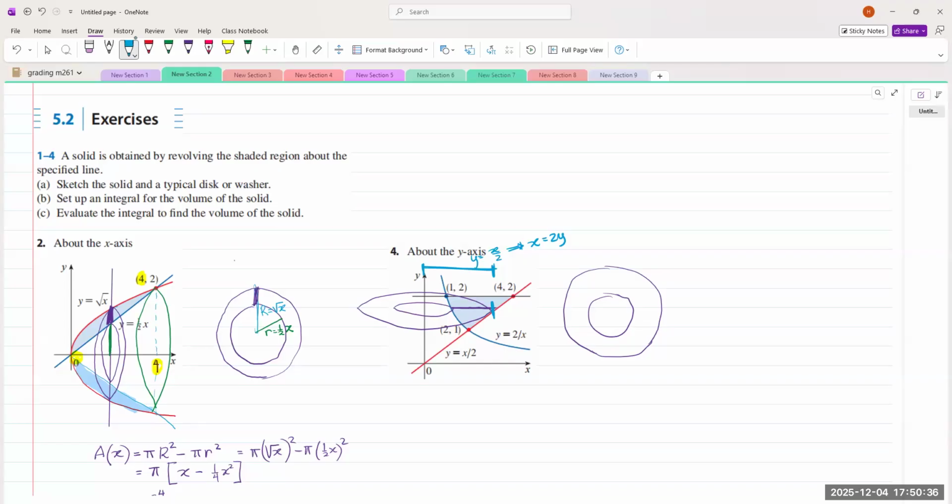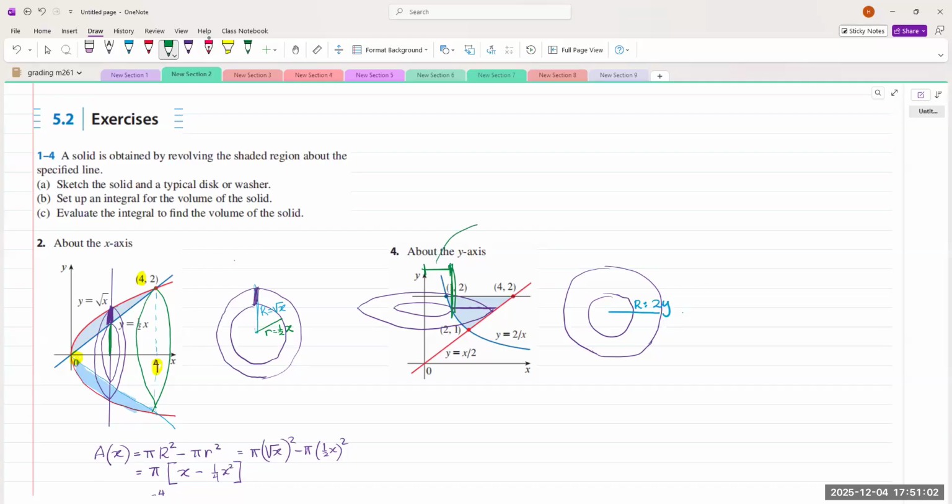The big radius here will be 2y, while the smaller radius, that's from here to here. Take a look. That's the smaller radius.